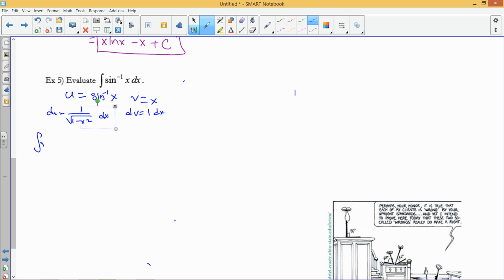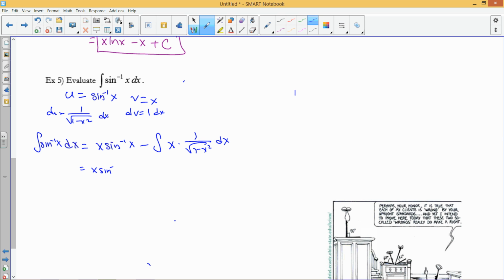Alright, so the integral of u dv is u times v minus the integral of v du. Well, this looks kind of yucky. I'm going to rewrite it.